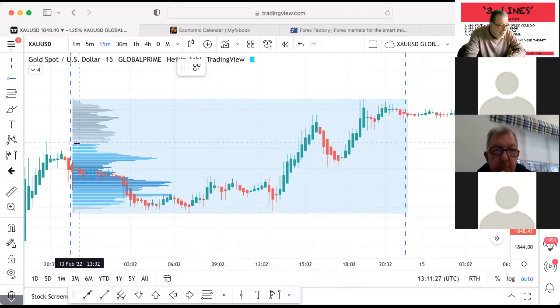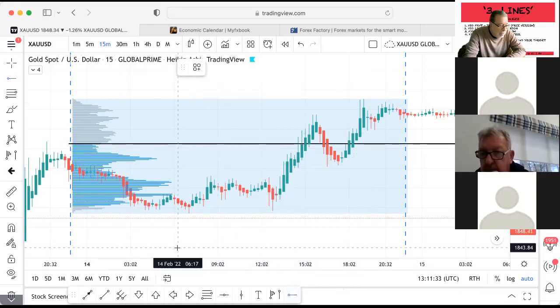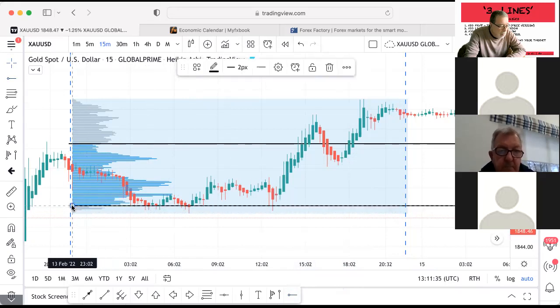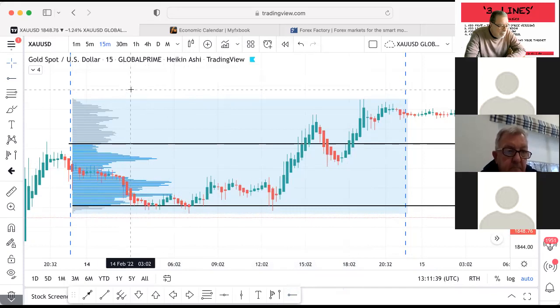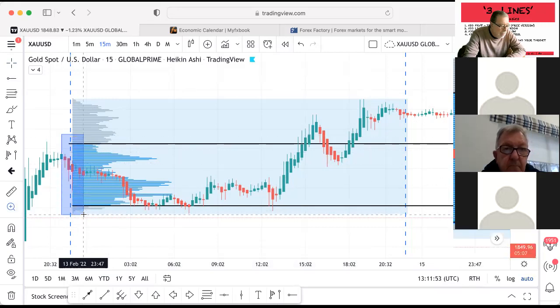So if I put the first line at the top of the blue area, and if I put the second line at the bottom of the blue area, what I do to make sure I'm doing these accurately is I click on this zoom in here on the left, and I highlight that area.